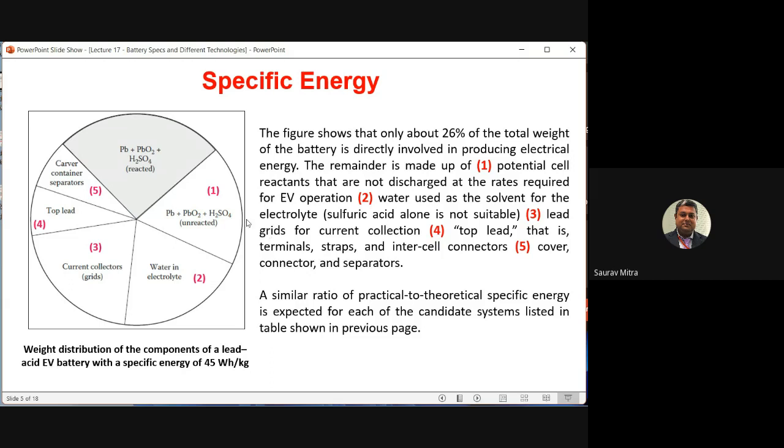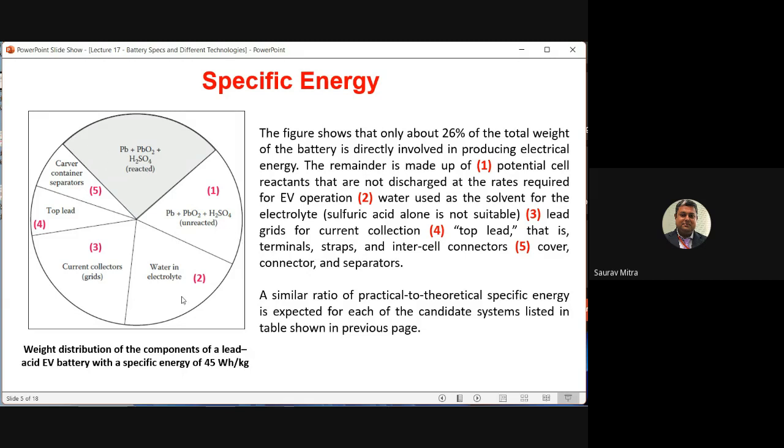So this pie chart is for weight distribution of the components of a lead acid EV battery with a specific energy of 45 watt hour per kg. Now, how much is the actual watt hour per kg? Actual watt hour per kg is more than this 45. So if you divide this 45 with 0.74, where is 0.74 coming from?